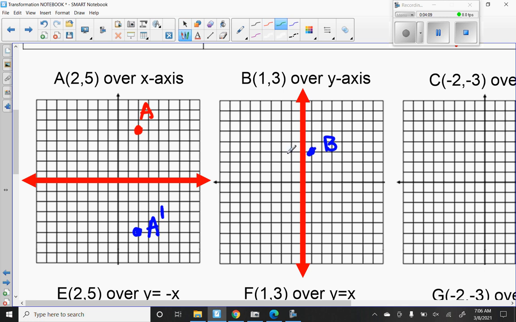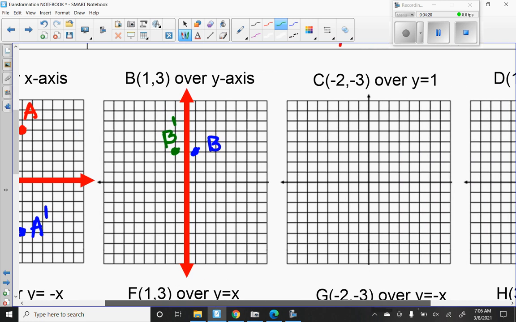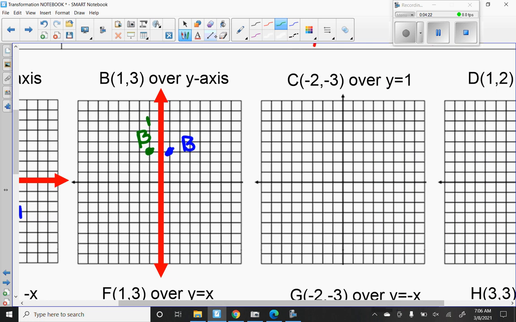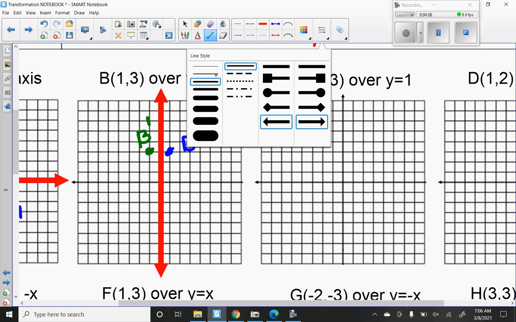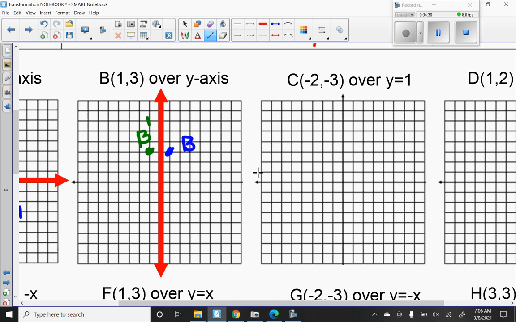So I'm going to go just 1 away on the other side and do our new B. Hope it's pretty simple. Okay, so how do you identify the y = 1 line? I go to the y-axis and hit +1 and cross it. There is your y = 1.